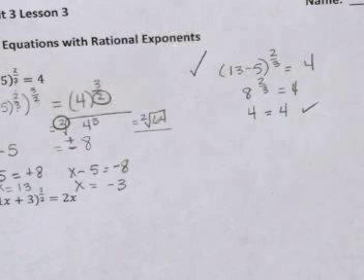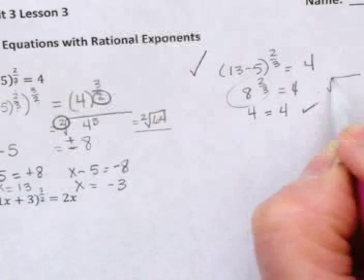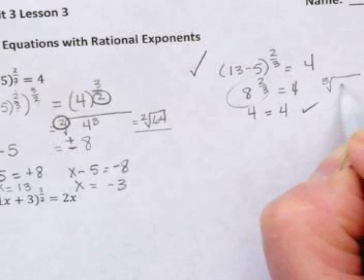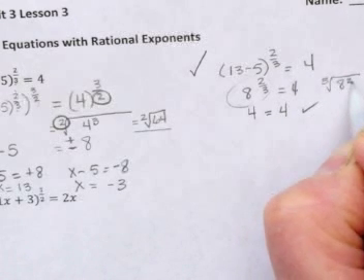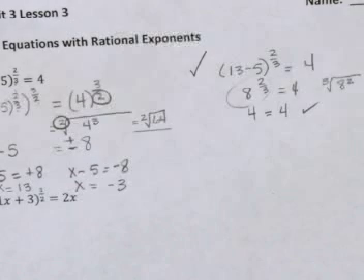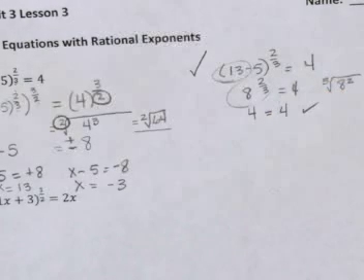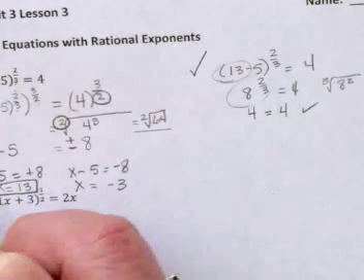So that checks. If you don't have a calculator, you can just take this 8 to the 2/3 power and say that's the 3rd root of 8 squared, or the 3rd root of 64, which we know is 4. So the result is 13 is one of my answers. It does check.